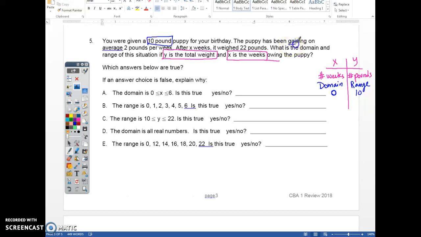And the puppy is gaining 2 pounds per week. So 2 pounds per week, that's 12, 14, 16, 18, 20, 22. Can I find out how many weeks pass by? Yes. This is 1 week, 2 weeks, 3 weeks, 4 weeks, 5 weeks, 6 weeks.